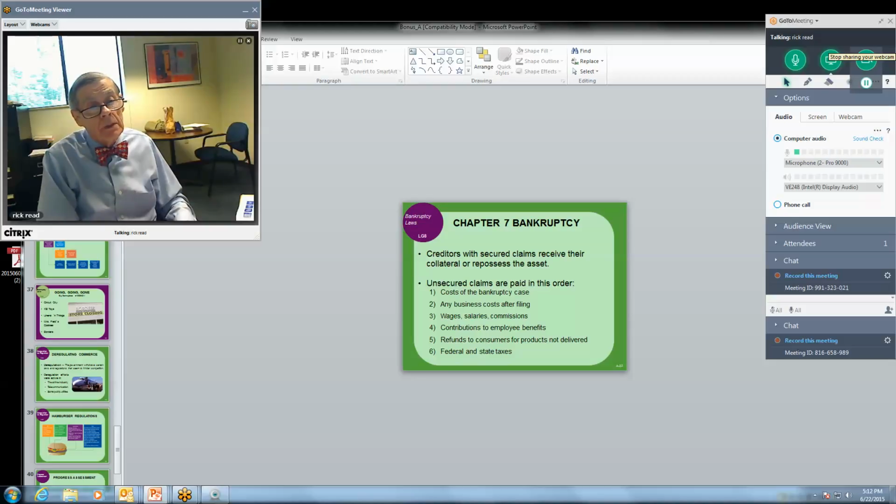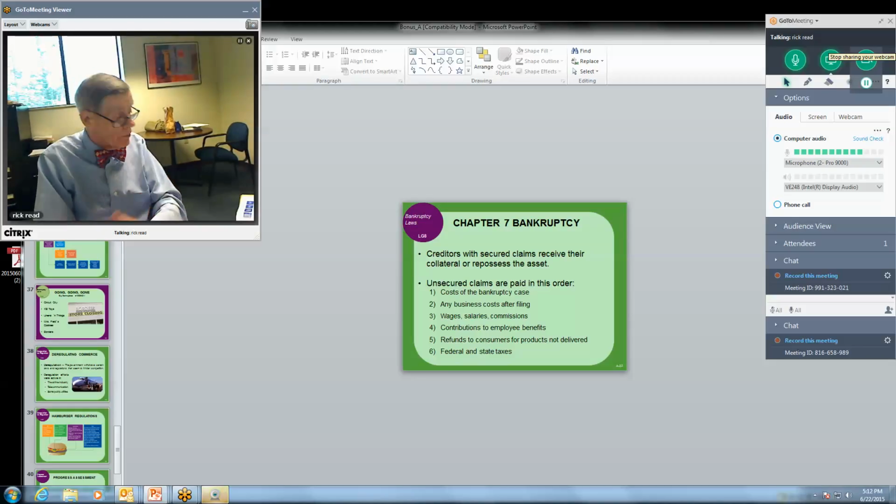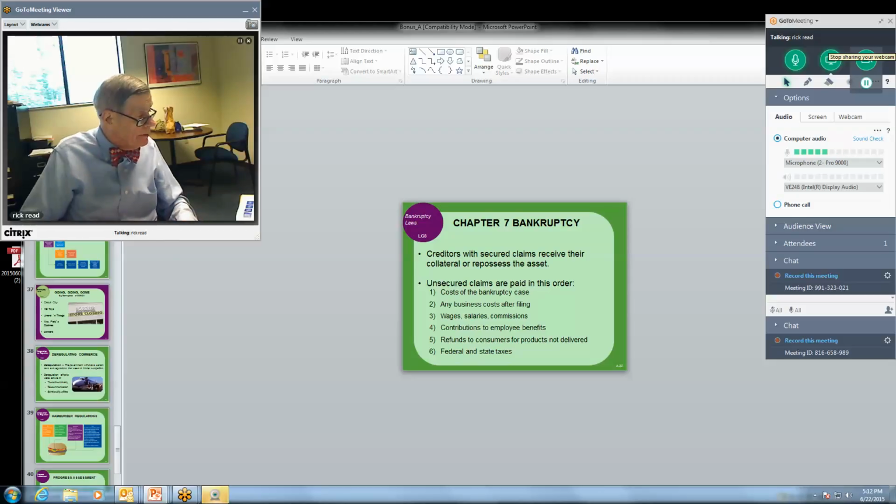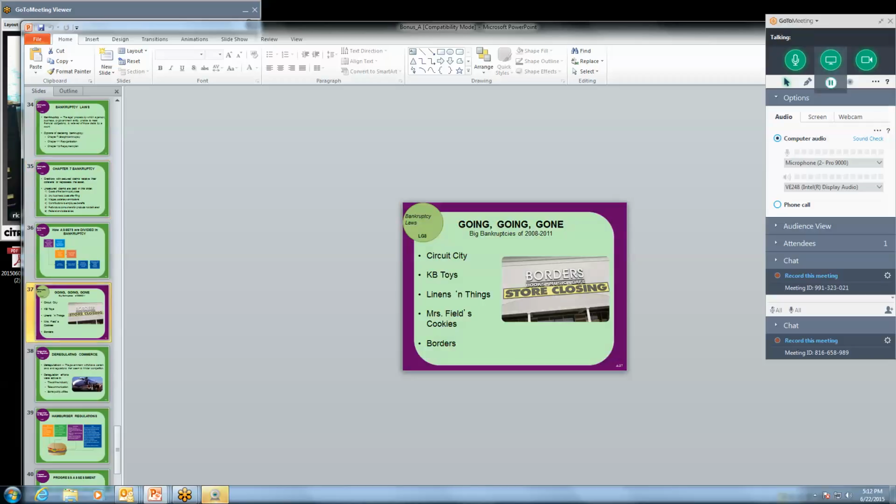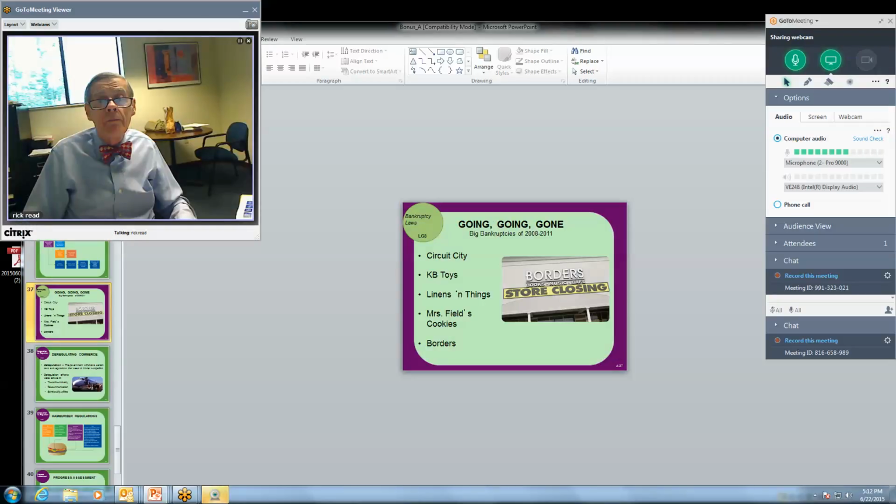These are how the unsecured claims are paid in a particular order. I'm not going to get into that, something that you can look at and read for yourself. These are various companies that filed bankruptcy between, pardon me, 2008 and 2011.